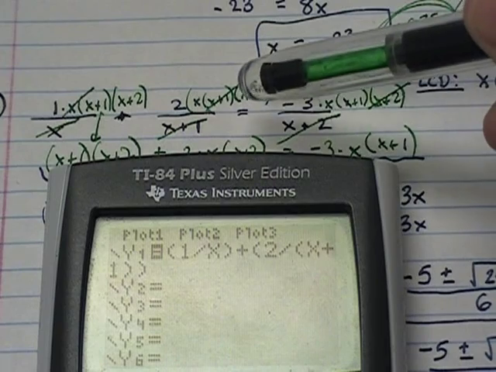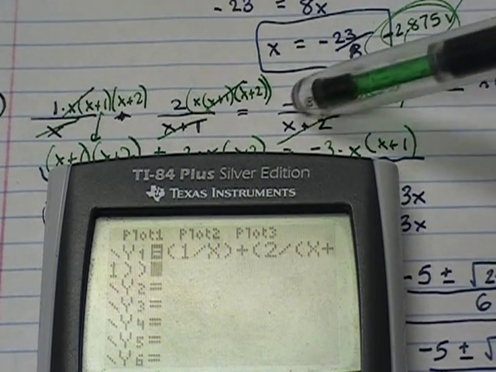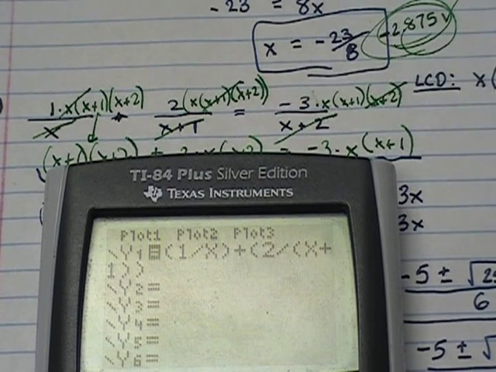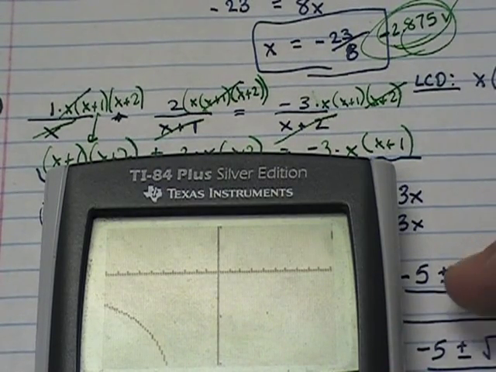And then it was equal to negative 3 over x plus 2. Well, you're going to bring this to the left-hand side, which means you change the sign. So it's going to be plus 3 over x plus 2.